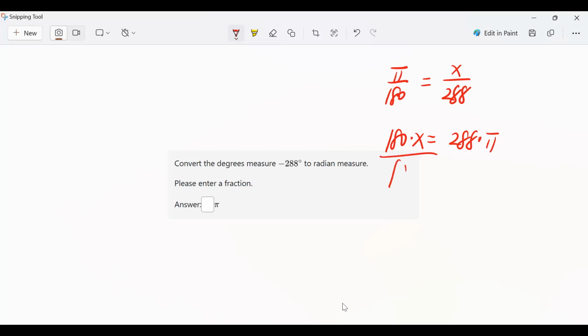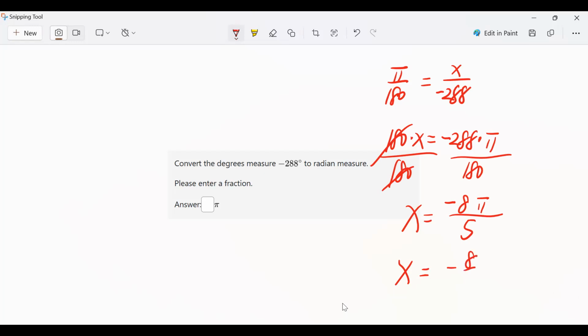Divide both sides of the equation by 180. Cancel that, x is by itself. Now divide both top and bottom by 36. 288 divided by 36 is 8, and 180 divided by 36 is 5. x is equal to this, minus, right? I forgot to put a minus sign. So carry over the minus sign, so it's minus 8 over 5 pi.